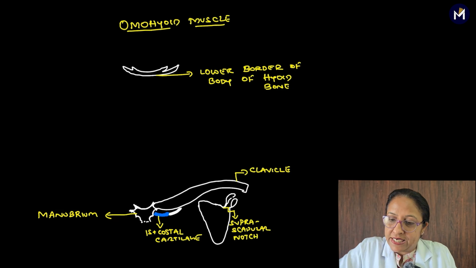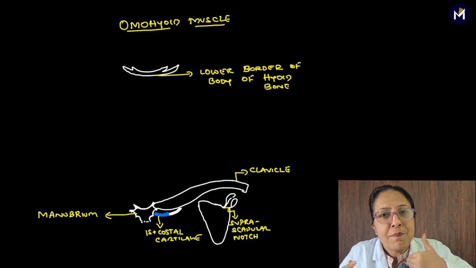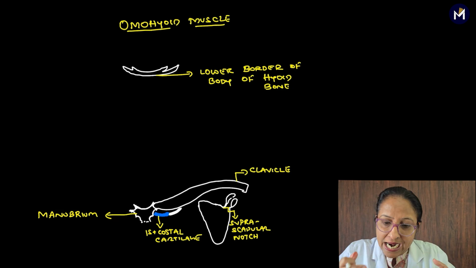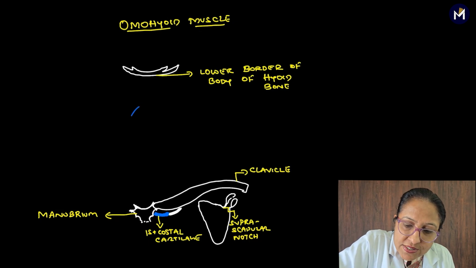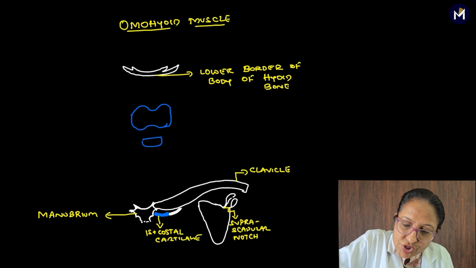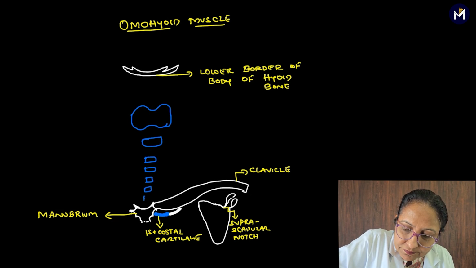Once this is done, we'll just draw the other midline structure for a better understanding. So here goes the thyroid cartilage. This is cricoid cartilage, and these are the tracheal rings.